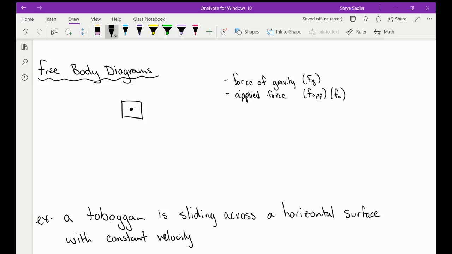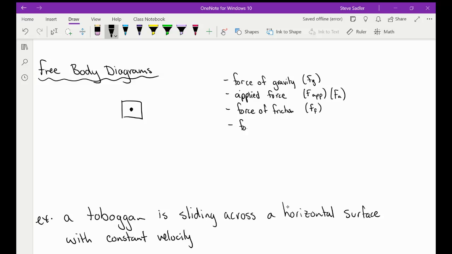And then force of friction we're going to talk about. I should probably be using capital letters here. Bad habits. Force of friction, F of small f. So we're using those subscripts to denote what type of force we're dealing with.